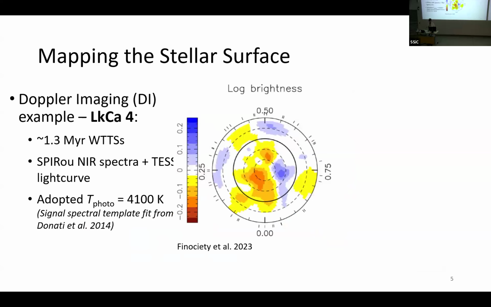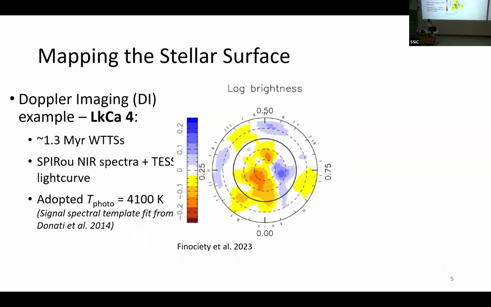So here is an example of Doppler imaging on a T-Tauri star. If you are seeing this kind of plot for the first time, it shows a brightness map in a top-down view. The very center is the pole, and this is 60 degrees, 30 degrees latitude, and the equator is the solid line, and below that is the southern hemisphere.